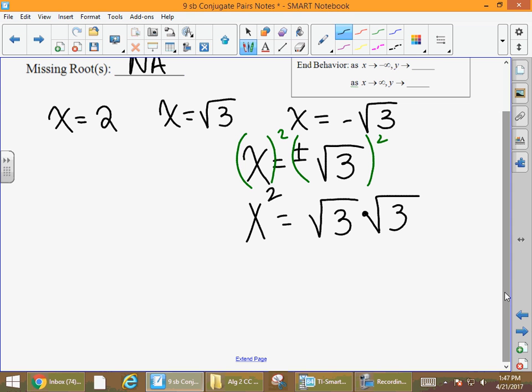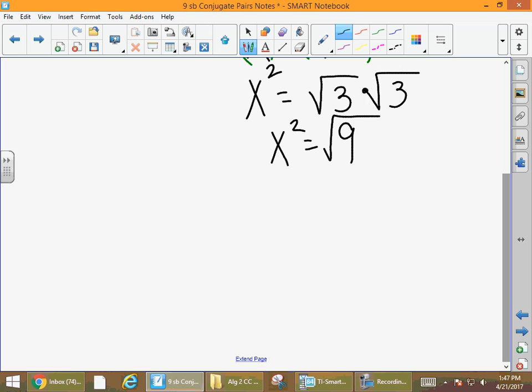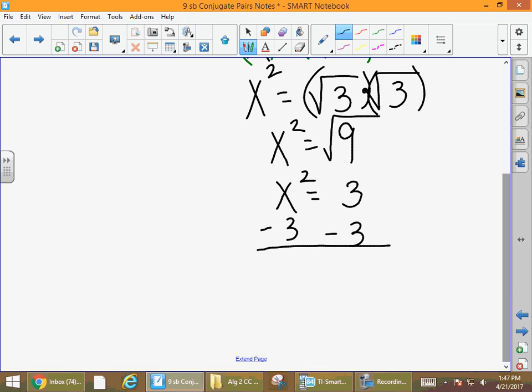And again, Mr. Jarvis might not have done this step, but I like to do it. That's x squared equals square root of 9. And what does the square root of 9 equal? 3. Two of the same, take out one. My dot didn't show up very well, so I'm going to put parentheses back in there. So we get x squared equals 3. And then we can subtract the 3 from both sides.